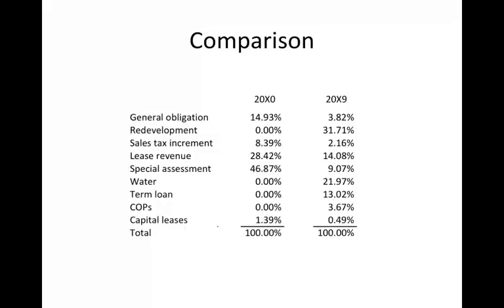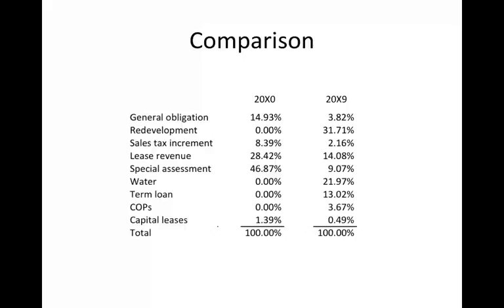You can see the general obligation debt used to be a lot more significant, but not so much because of the amount outstanding in terms of general obligation debt, but because they issued a lot more debt of other types over that 10-year period, and so now by comparison general obligation debt is a small fraction. That redevelopment debt didn't exist at all, nor did the water or the term loan or the COPs, the certificates of participation. That was all new debt that was issued during the 10-year period.